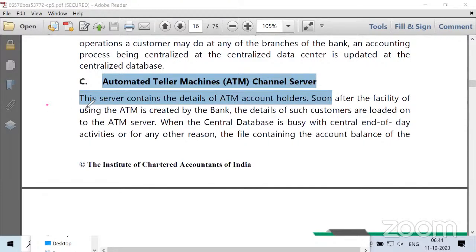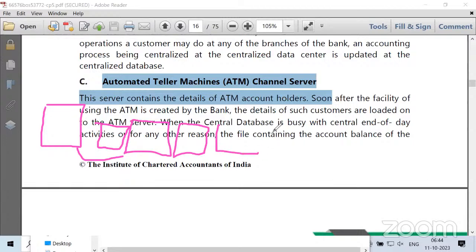Say for example, this is the server of the bank. And it has various other servers like ATM server, internet banking server, then mobile banking server, then mobile app banking server, etc. All are connected to this central database, CBS.